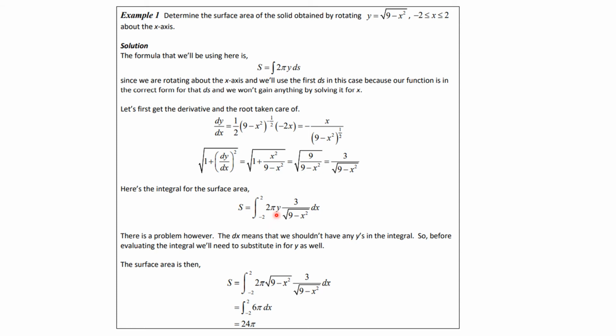But y was this, so you see I'm going to have 2 pi, the integral from minus 2 to 2, of this, which is y, times this factor, and those nicely cancel out. And so I'm really just integrating 6 pi over an interval that is 4 in length. And so if you do that calculation, you get 24 pi. Make sure you understand these calculations.